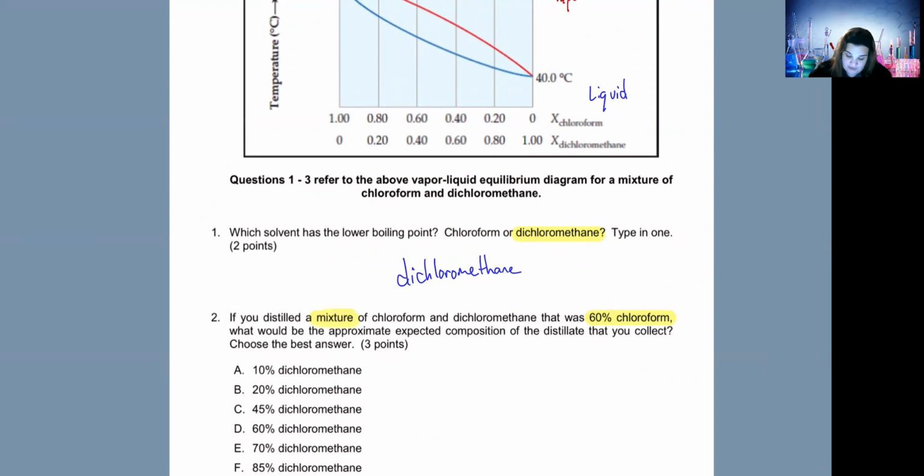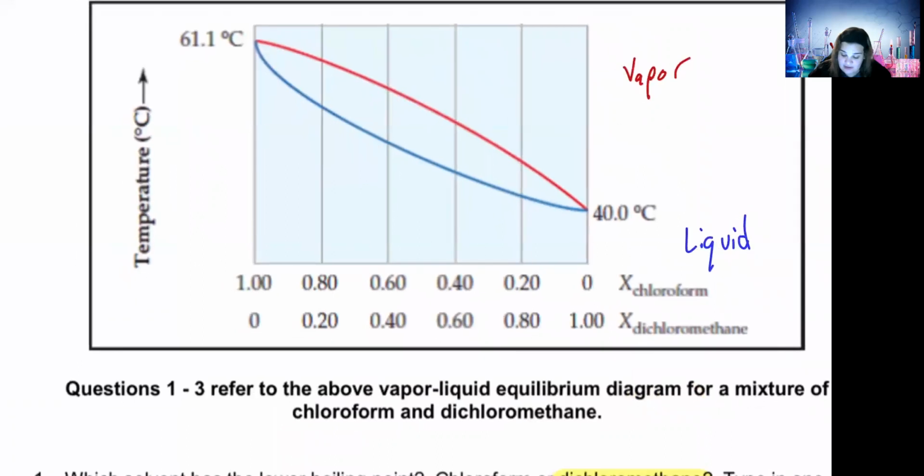Mixture is referring to liquid, 60% chloroform. Then we want to know how much distillate did we collect, which is asking us how much vapor we are collecting. So we need 60% chloroform. So now you have to decide which 60% to use. We want 60% chloroform, so we want to use this one, okay?